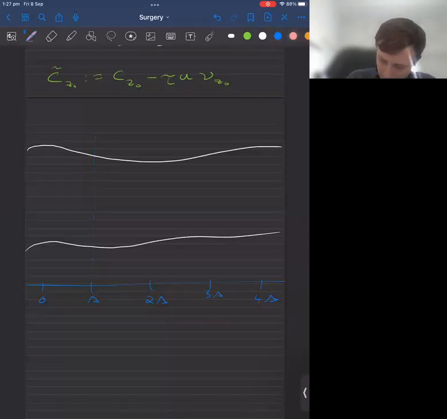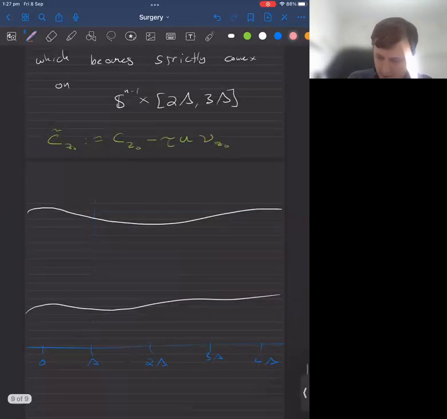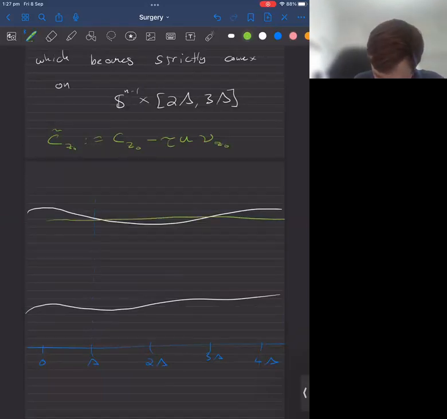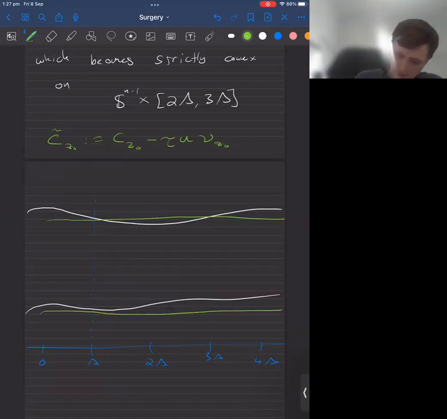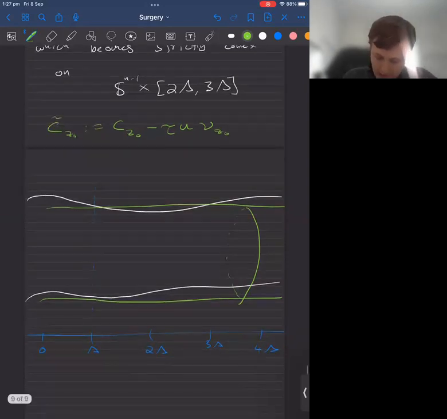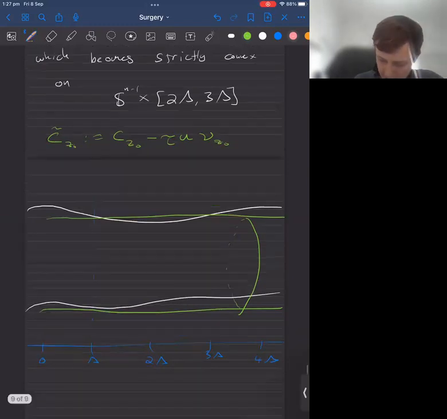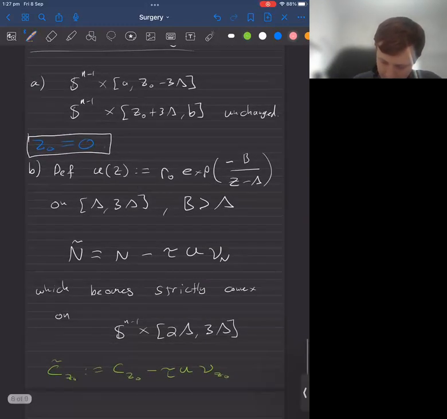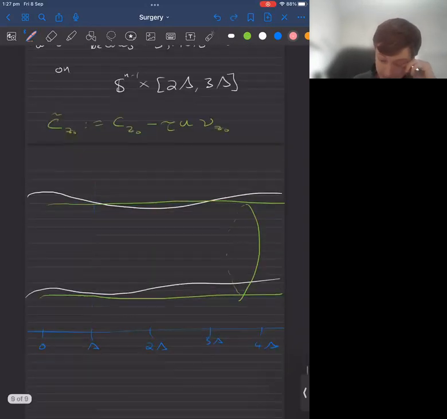And then what do we do? First I'm bending my surface, let me draw in my approximating cylinder as well. Say it looks something like that. It's a cylinder. So I'm bending my surface in via this function u here. And I'm doing it so that once I get to this region, it becomes strictly convex.